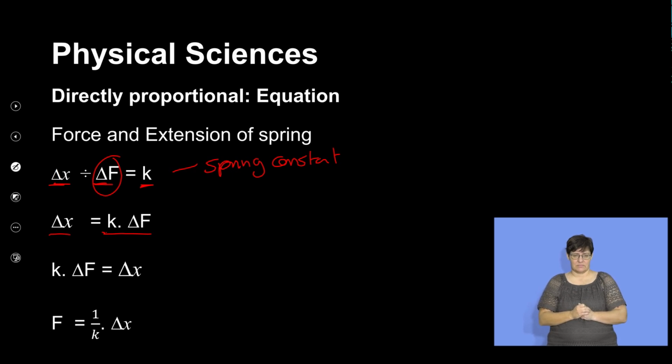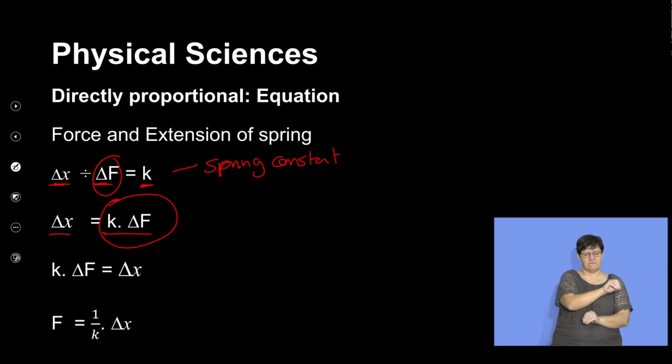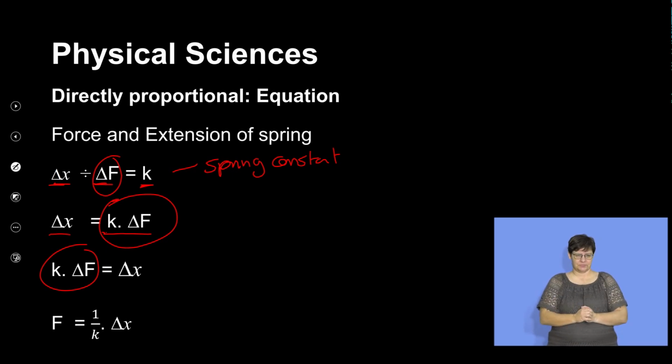Now, that might not be very convenient for me to work with. So I'm going to switch them around. I'm just going to rewrite what was on the right-hand side on the left-hand side, and what was on the left-hand side, I'm going to write on the right-hand side. And now you can see that I've got the value k times F is equal to delta x.